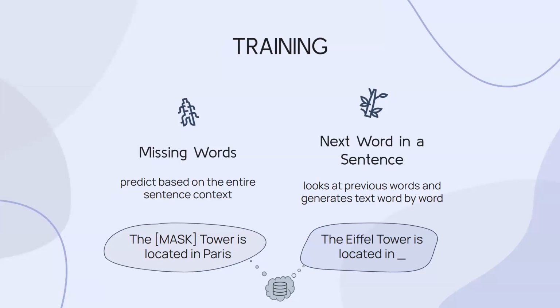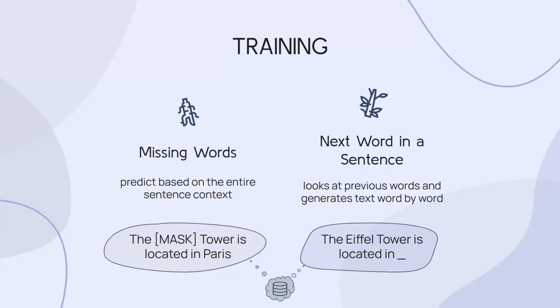One is this masking technique where it has a missing word in a sentence, and it has to predict what word could possibly go there. Or it has this idea of what the next word in a sentence could be. So it uses both of these techniques to train the model so that it becomes better or more conversational.